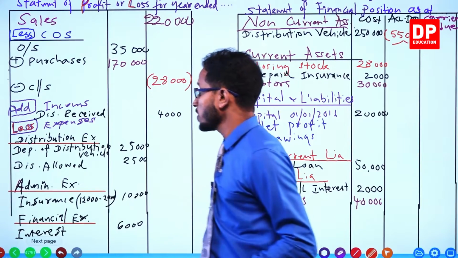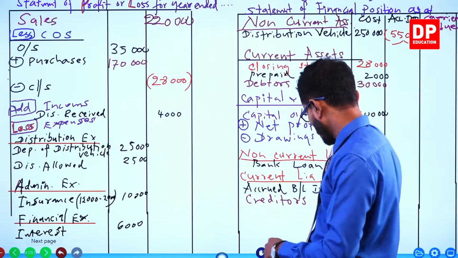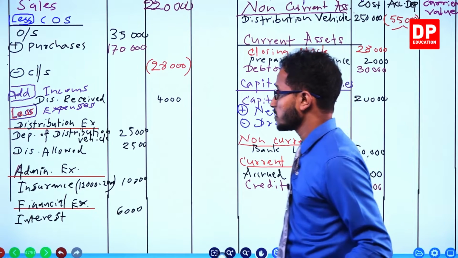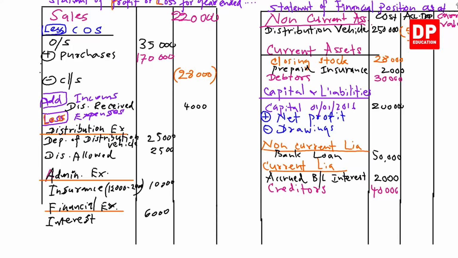Bad debts go under distribution expenses, right? Bad debts $1,000.